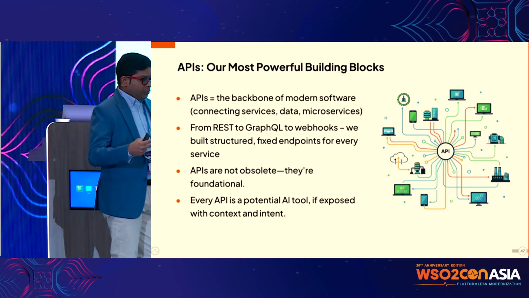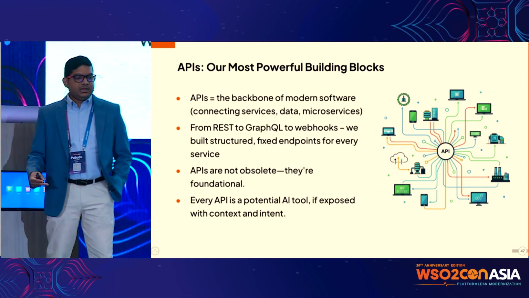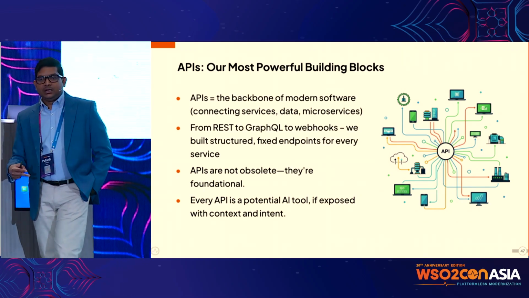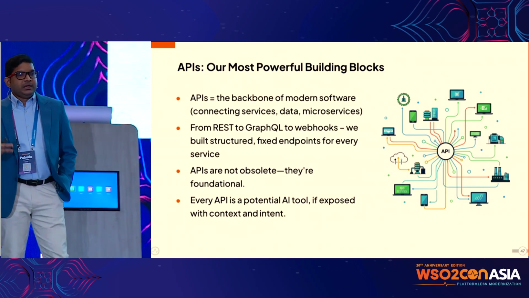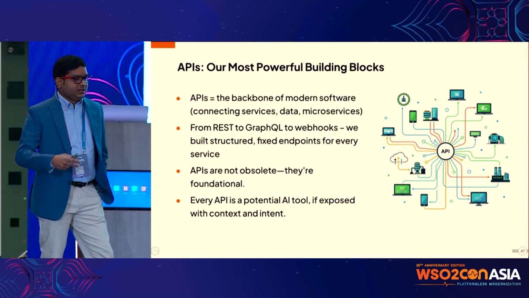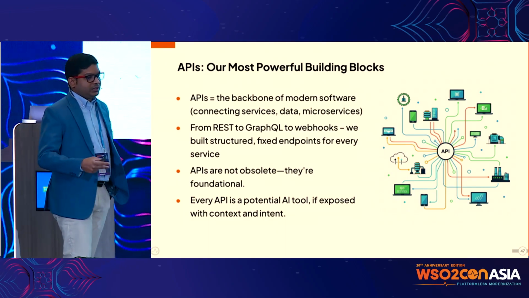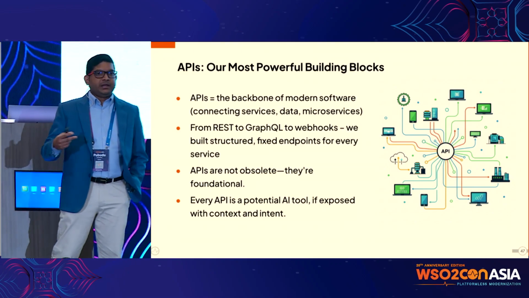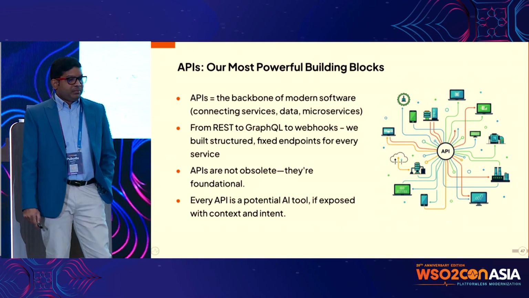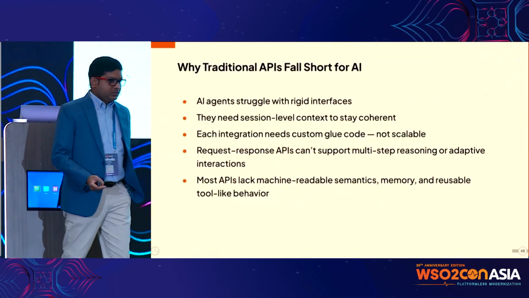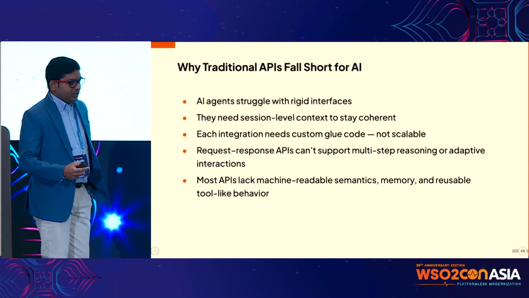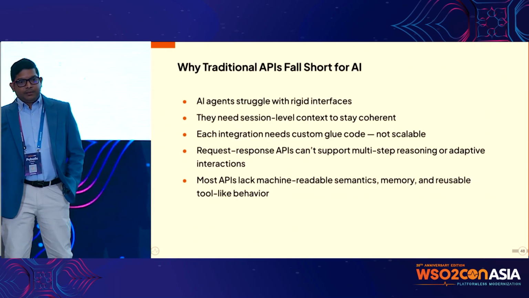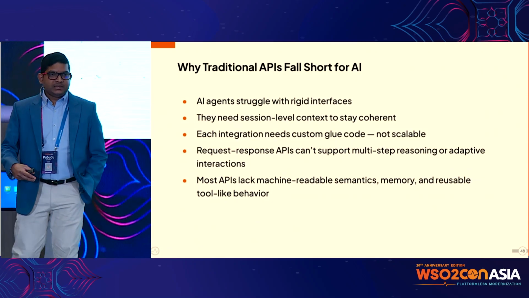But if you are to expose APIs as tools, you can do it if you expose those with context and the right intent. But there are issues with exposing your APIs as is.